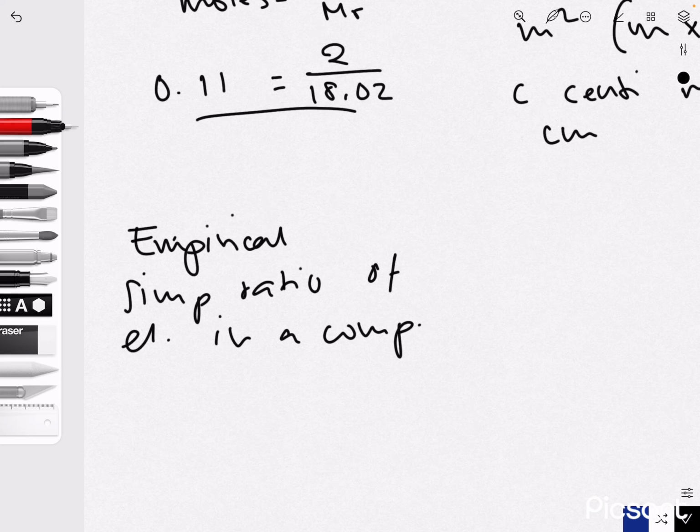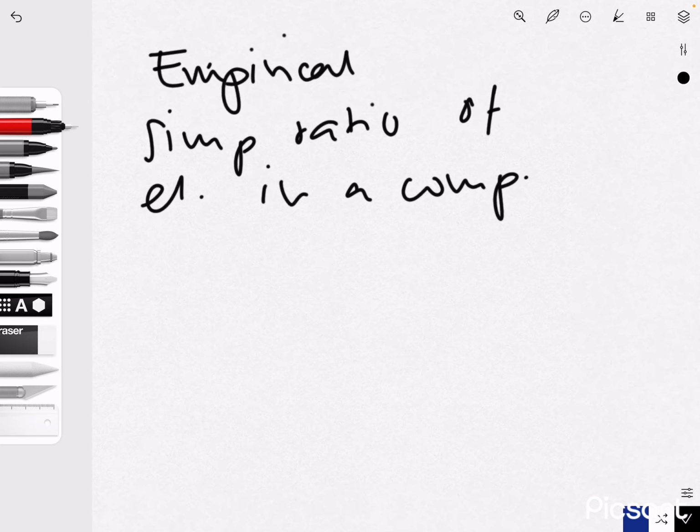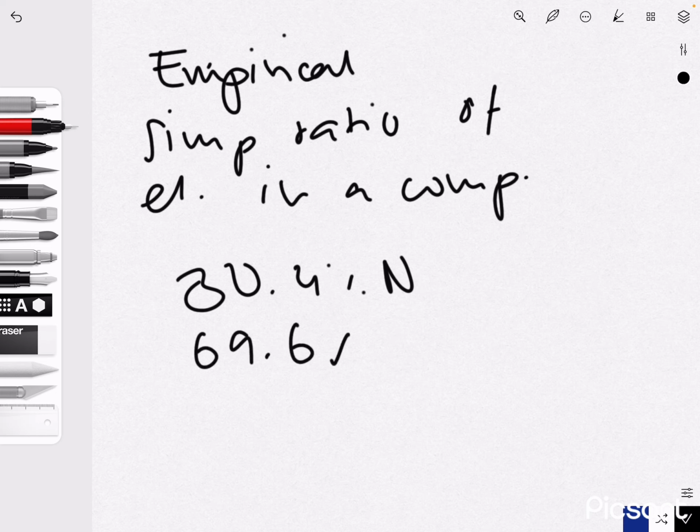Let's take the example where we have 30.4% of nitrogen and 69.6% of oxygen. We will take our percentages and use them as our mass.